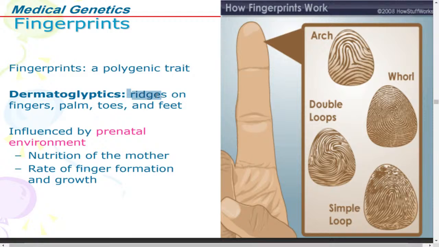Dermatoglyphics, the ridges on the fingers, palms, toes, and feet, are all fingerprints, related to genetics and influenced by the prenatal environment, the nutrition of the mother, and the rate of finger formation and growth, which are all environmental factors.